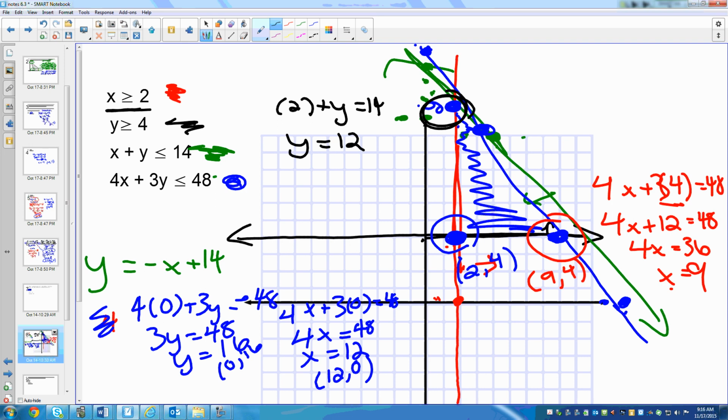Okay? So what is this point right here? 2, 12. And you could tell me that by reading it off the graph. But if the question tells you you have to solve for the vertices, you actually have to show this portion of work. Okay? The last point we have to solve for, mine's way out there, because I didn't use rulers on either line. Yours is a little bit more centered. This is my last point right here.